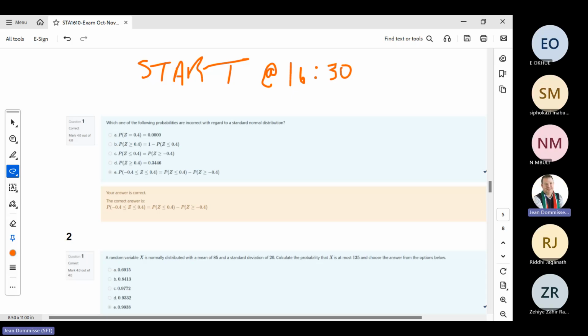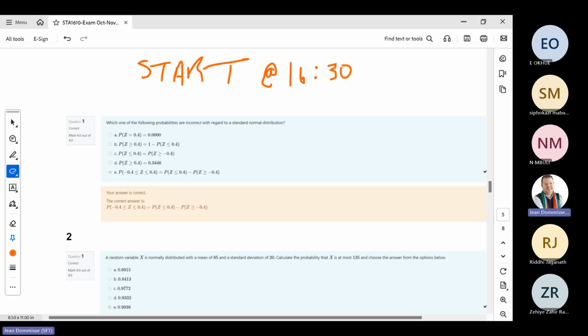So basically we're going to continue with the second component of the 2022 paper, from study unit 6 to 11. Now one can look at questions on normal distributions.